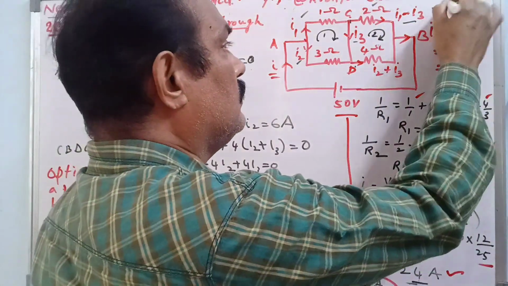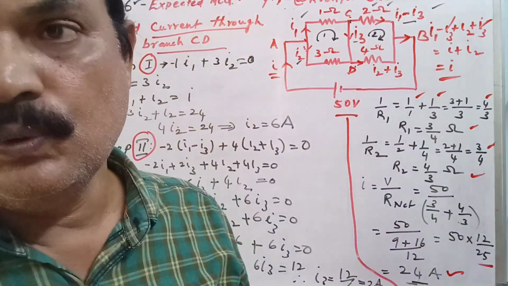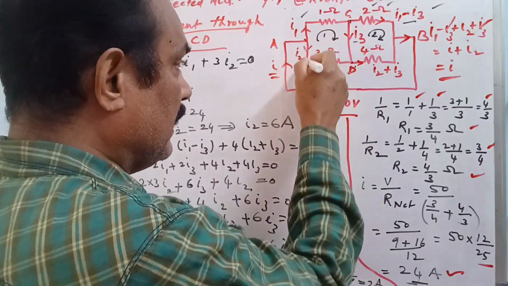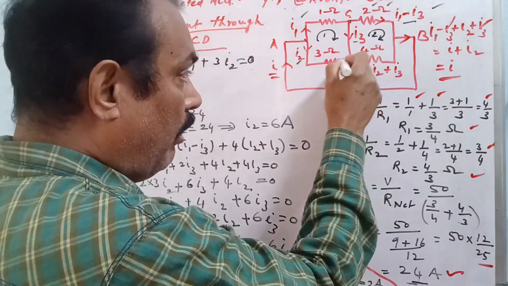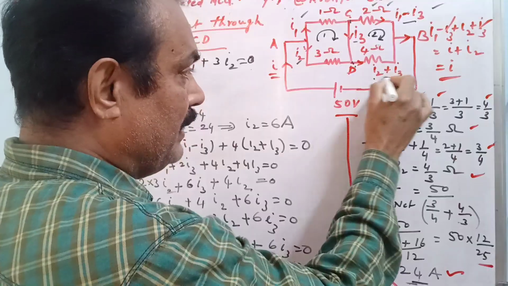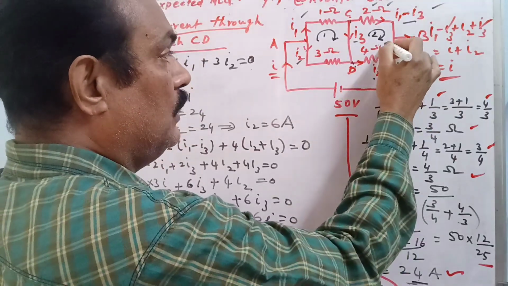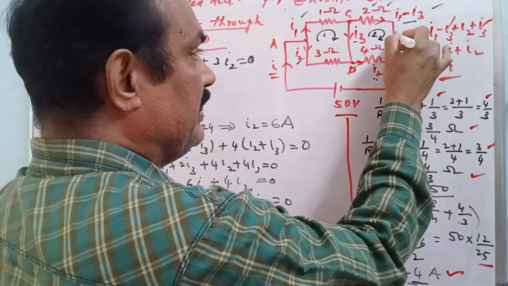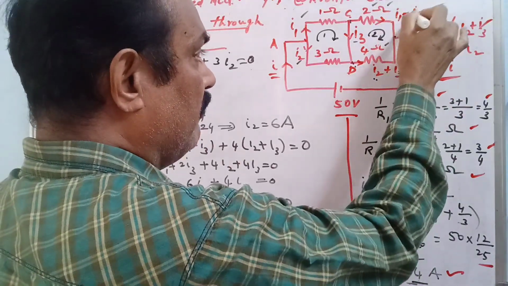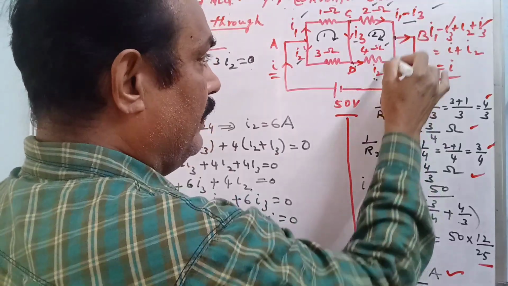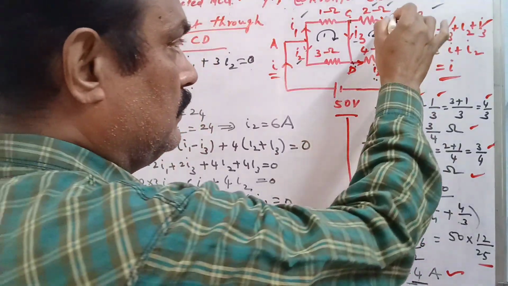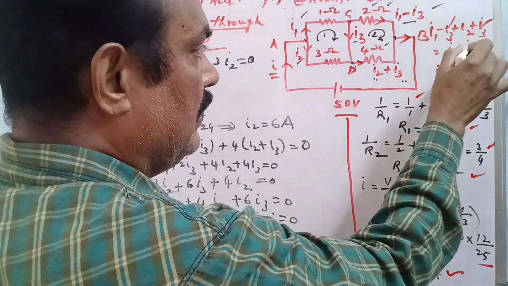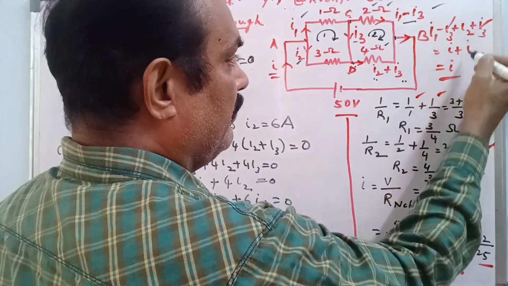I1 minus I3 will go through the 2 ohms resistance. Then when it reaches here, I3 and this current I2 all go through this resistance, I2 plus I3. So what is the current in the 4 ohms? I2 plus I3. When this I2 plus I3 reaches B and I1 minus I3 reaches here, the sum of the current entering will be this plus this, and when you add, you will get this.